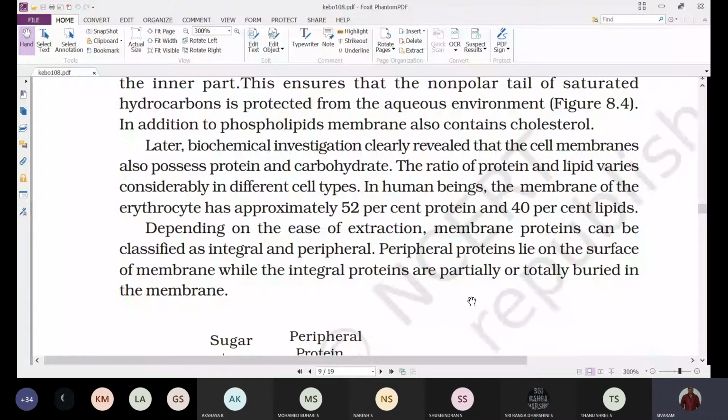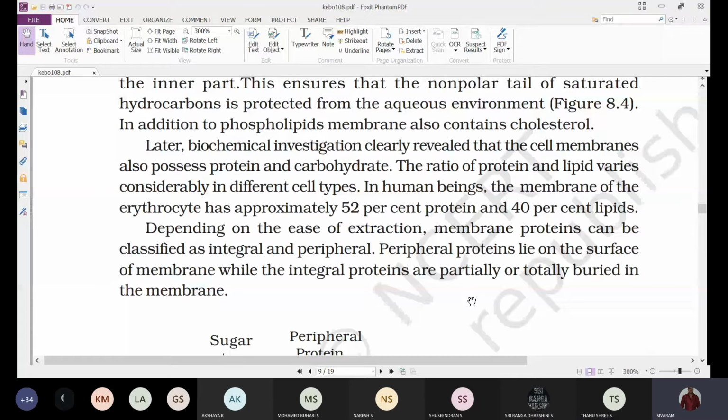So how are these proteins arranged? Later, biochemical investigation clearly revealed that cell membranes also possess protein and carbohydrate. So not only the lipids, but in between the lipid layer we find proteins and carbohydrates in the cell membrane, but in a different composition.